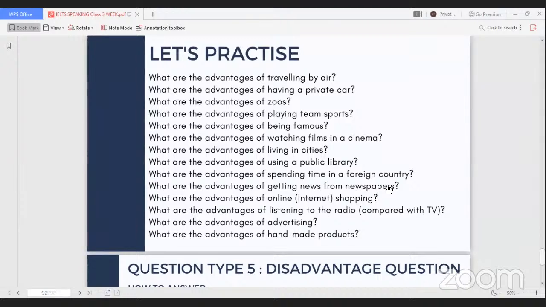And besides this, a further favorable aspect will be that newspapers usually provide news that is more valuable than on television, because newspapers are written, but television is just broadcasting the news.